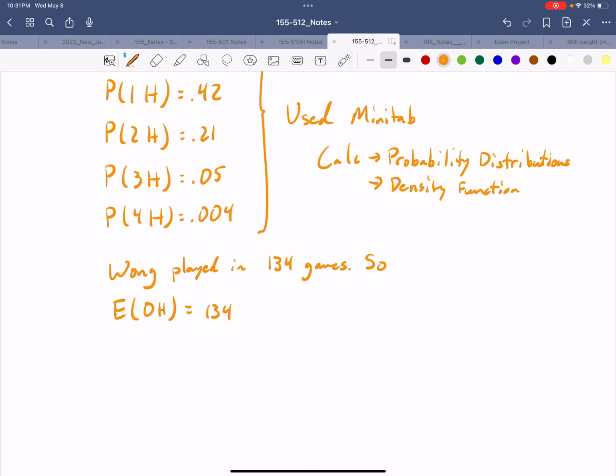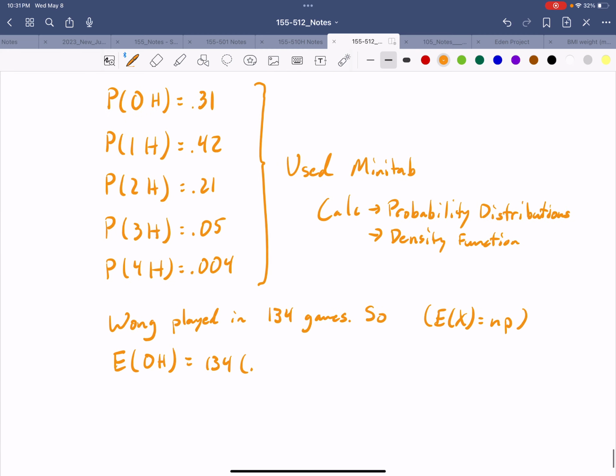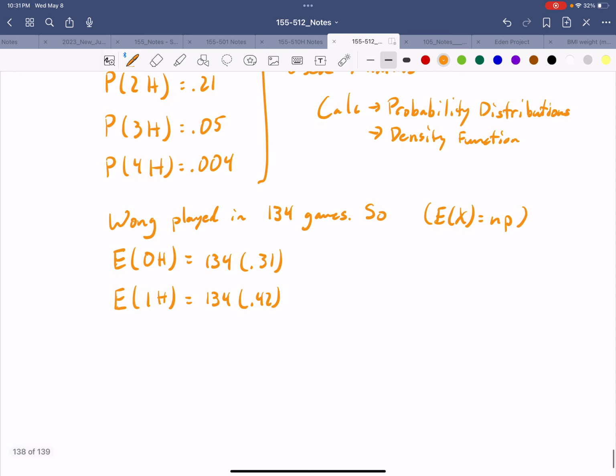Remember that, remembering that EX equals N times P, is going to wind up being 134 times 0.31. His expected number of 1-hit games is going to equal 134 times 0.42, right? And you can just sort of keep doing this for all the others.